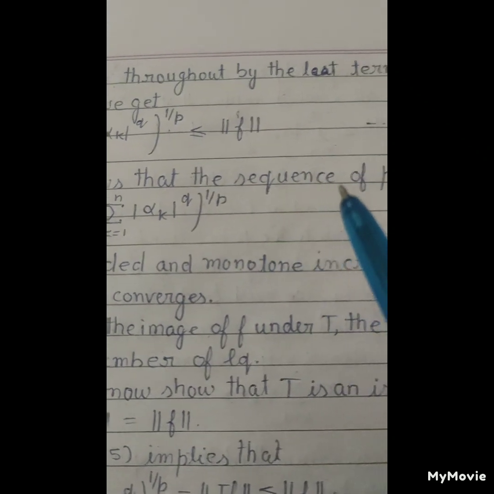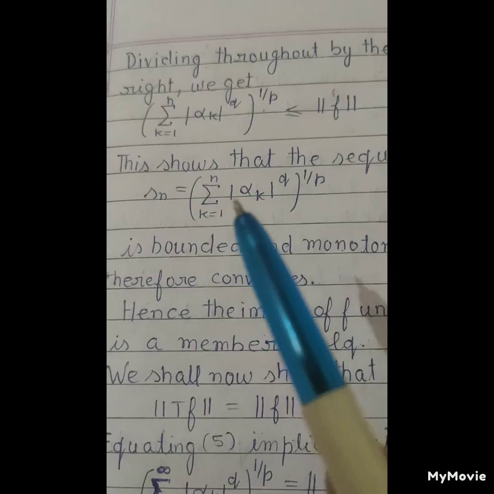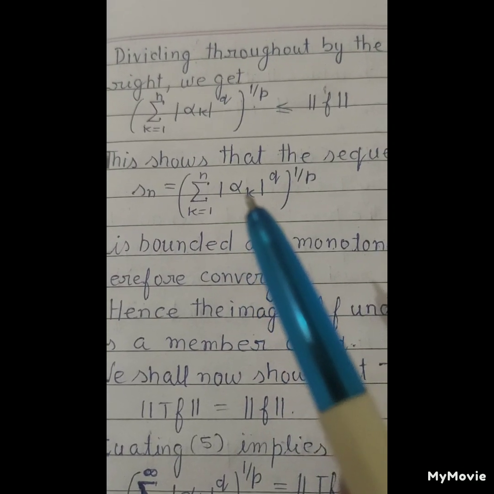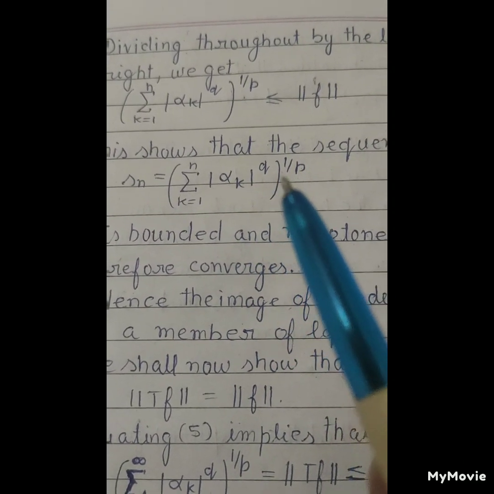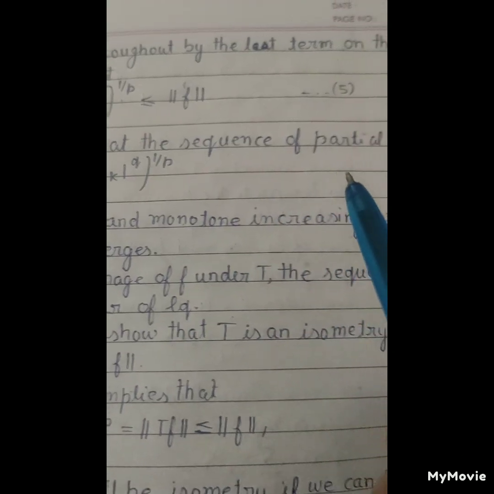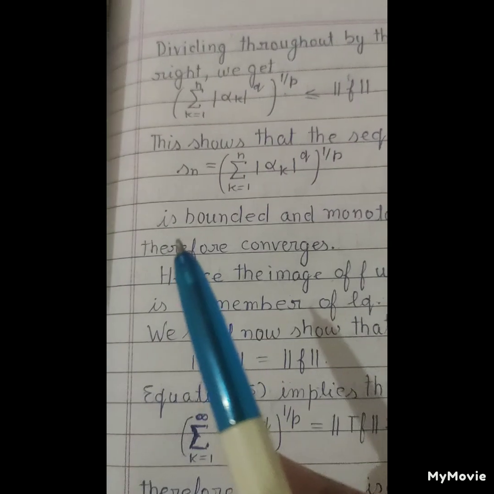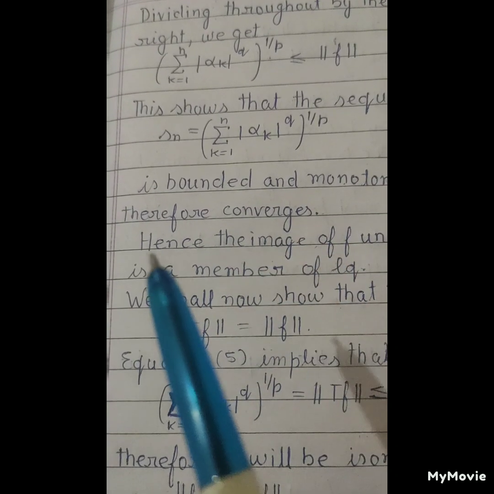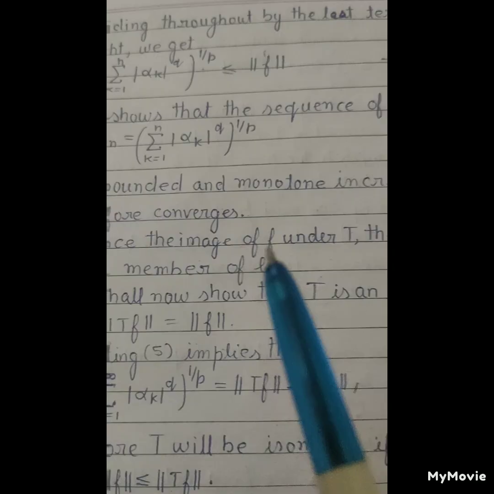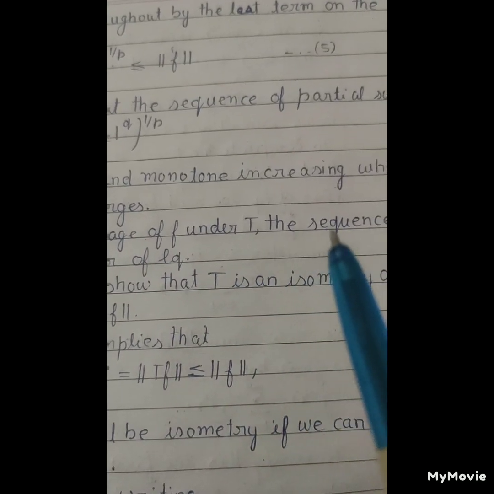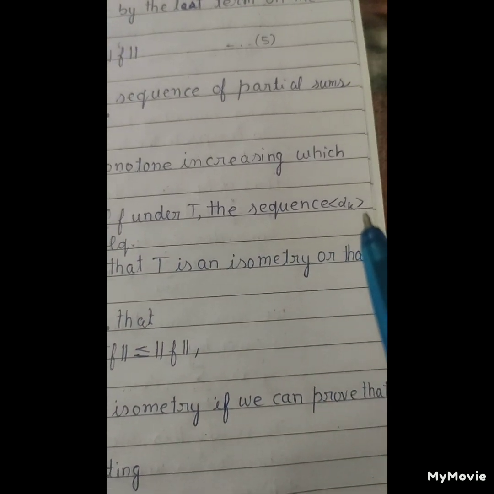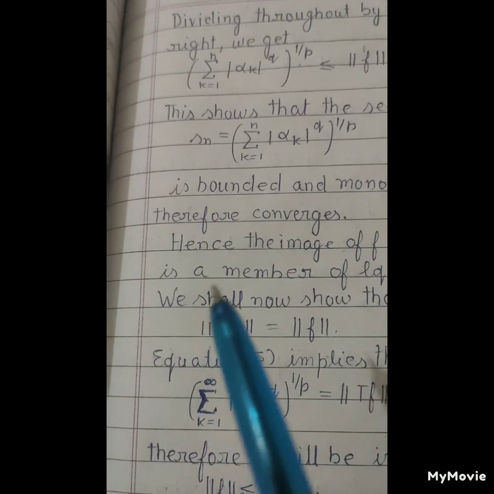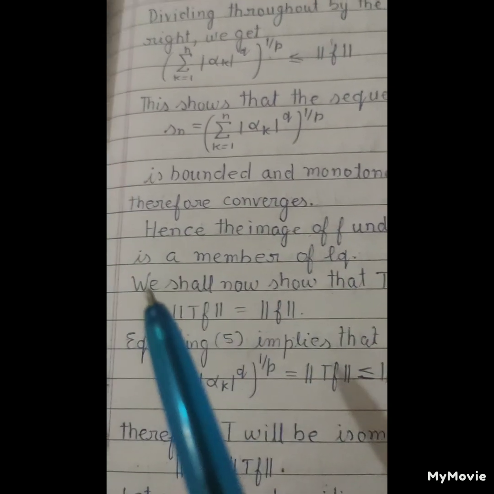This shows that the sequence of partial sums S_n = (Σ_{k=1}^{n} |α_k|^q)^{1/p} is bounded and monotone increasing, which therefore converges. Hence the image of f under T, the sequence α_k, is a member of l^q.